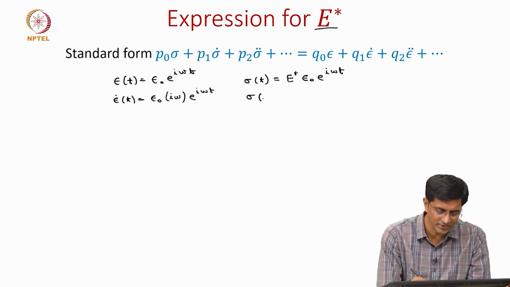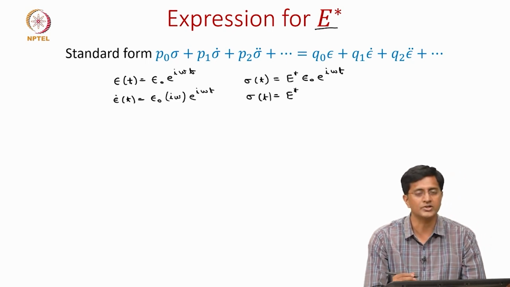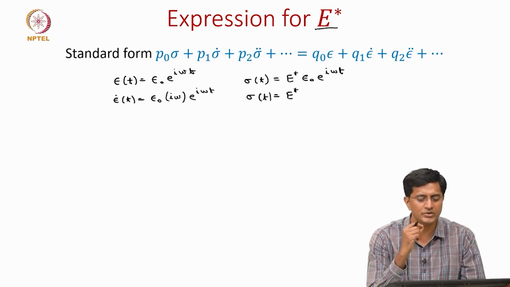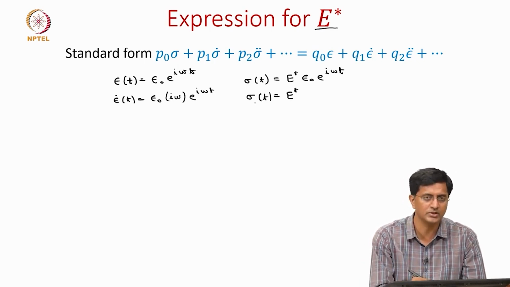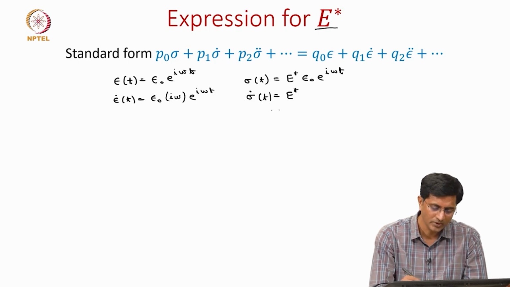Similarly, for the stress, E star is not a function of time. Later we will see E star is only a function of the frequency omega, but since the derivative is with respect to time, time is there only in the exponential. So, it is again i omega times e power i omega t.